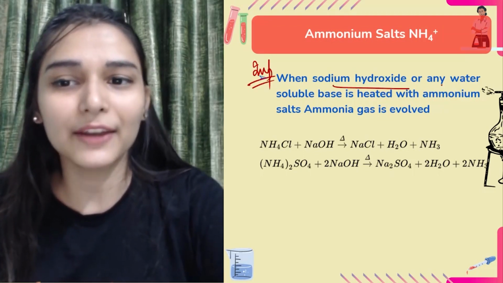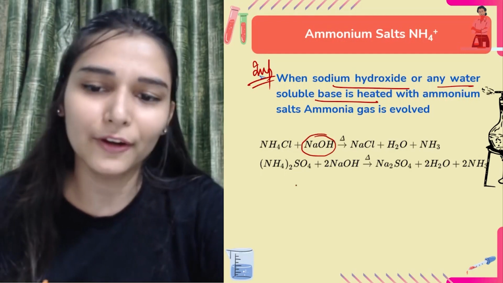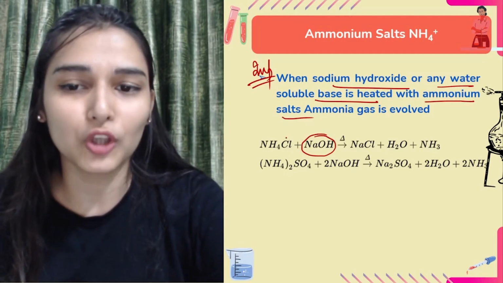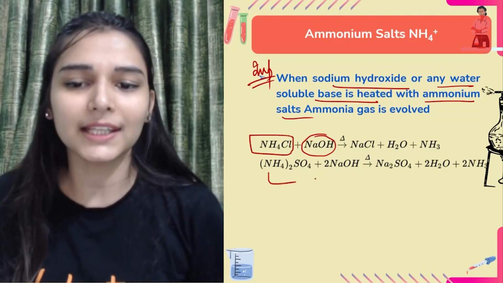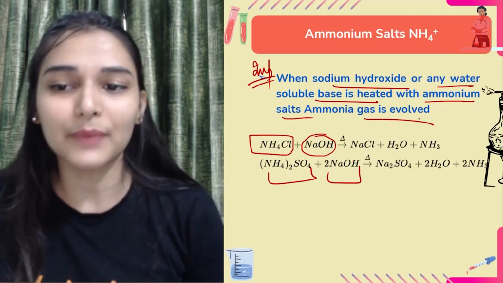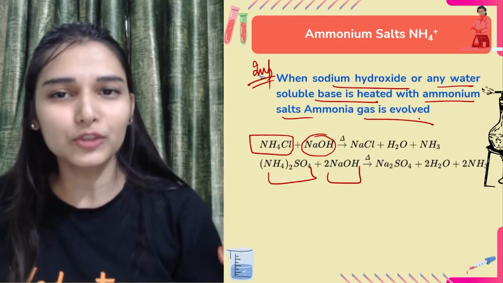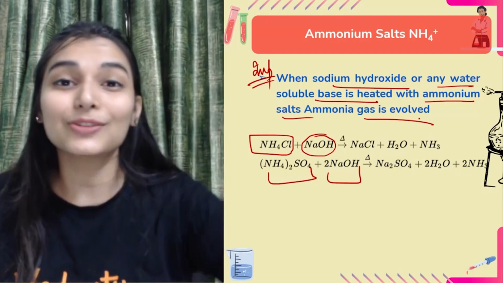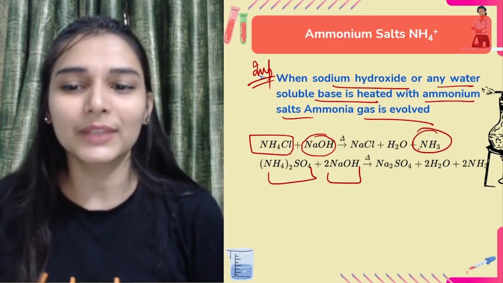When sodium hydroxide, or any water soluble base, I have taken sodium hydroxide, is heated with an ammonium salt, I have taken ammonium chloride, you can also take ammonium sulfate, and when you treat them together, slightly heated, there would be an instant release of ammonia gas from your ammonium salt. Sometimes it comes in the exam: which gas would be released here?